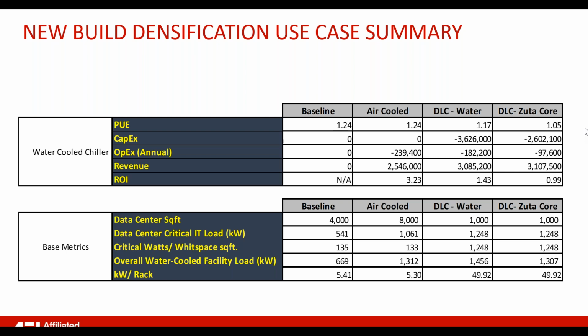There are very, very small pumps required to support the movement of the refrigerants around. The CapEx in this case is a little bit lower, and we're anticipating lower than the direct-to-chip liquid cooling solution based upon our current analysis. And that's the reason why we've represented that as such in this overall summary.